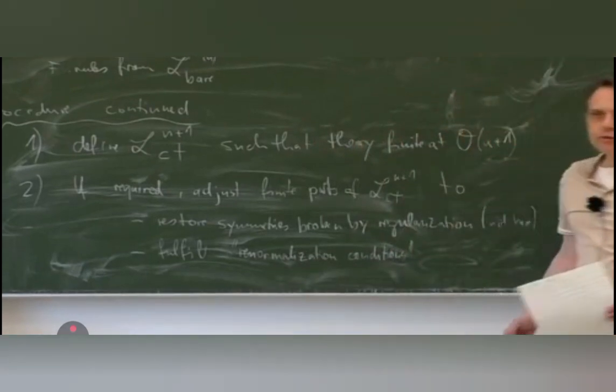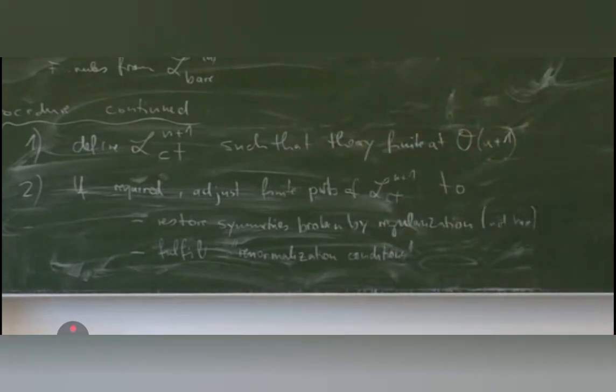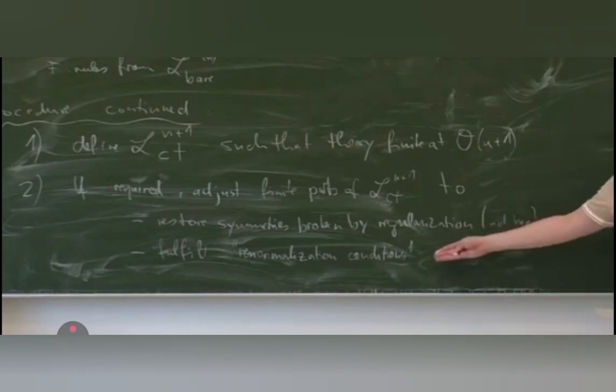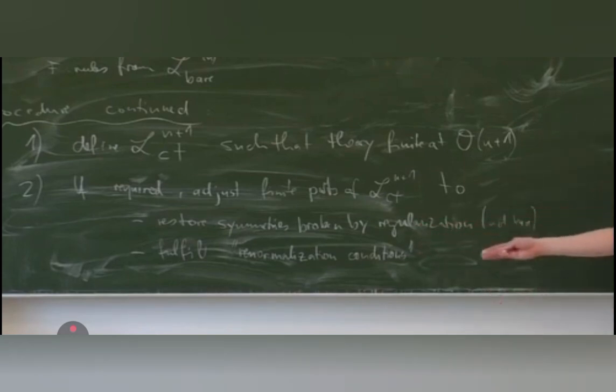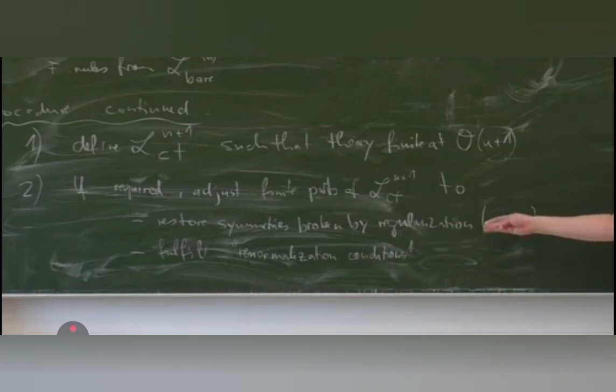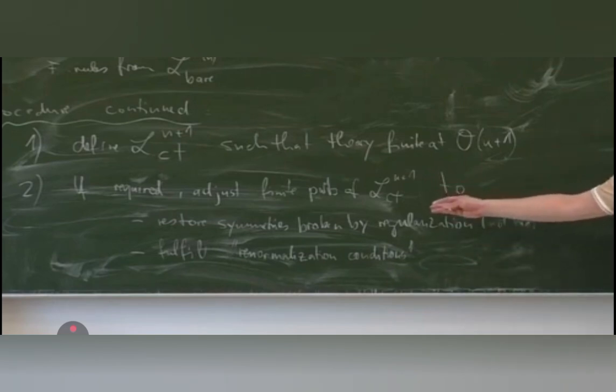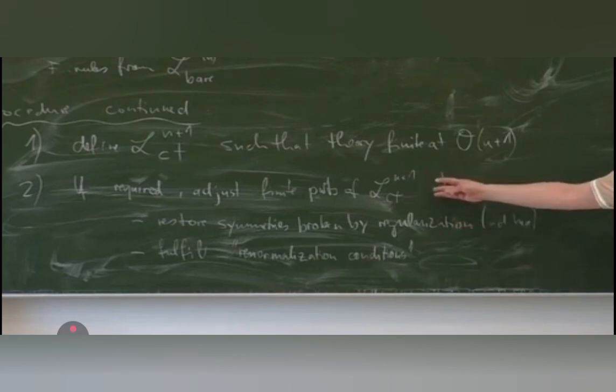Renormalization conditions are exactly the conditions which are, let's say, boundary conditions or requirements that the theory should fulfill after renormalization, which have the purpose of defining unambiguously the finite parts. And one definition would be simply to say the finite parts are zero in dimensional regularization. In other words, the counter term Lagrangian contains purely 1 over epsilon poles.